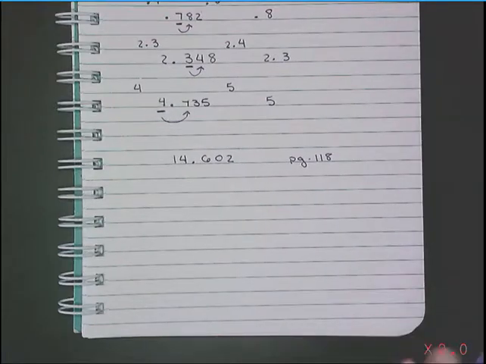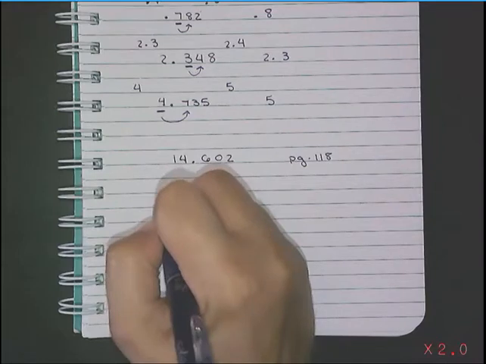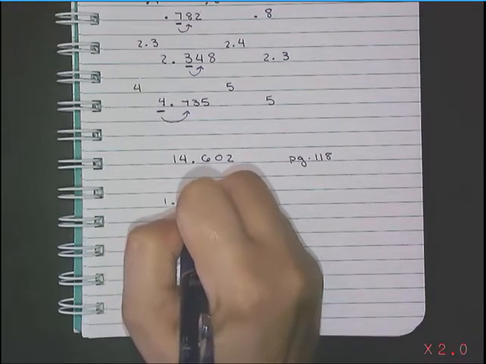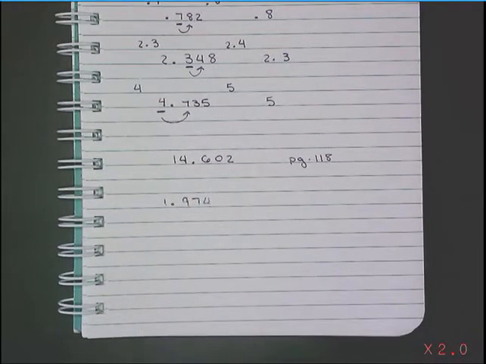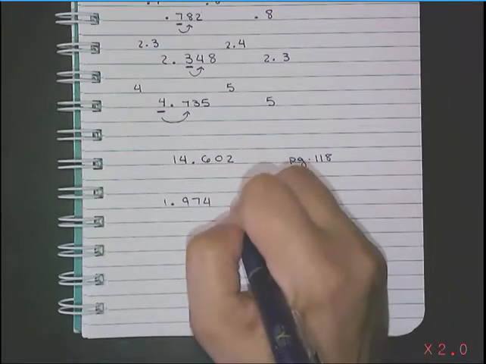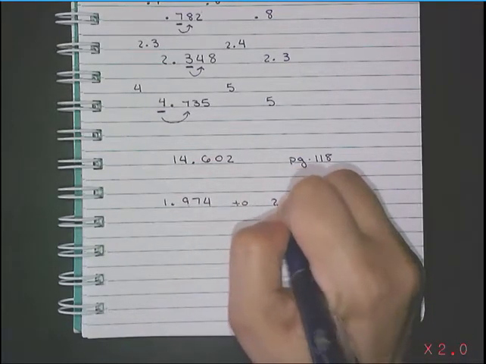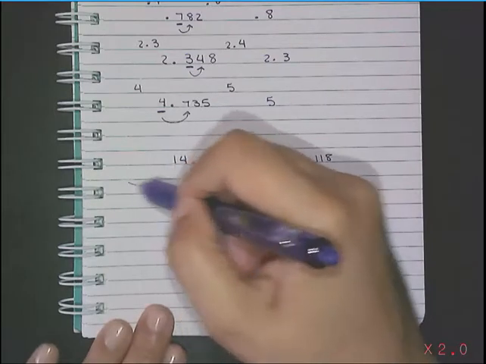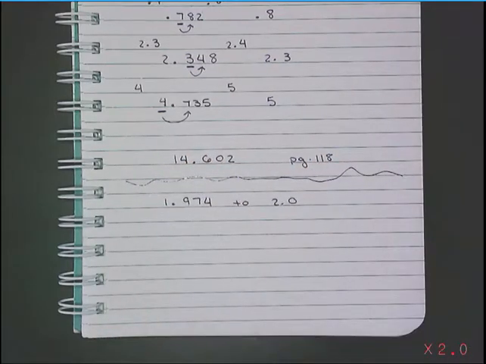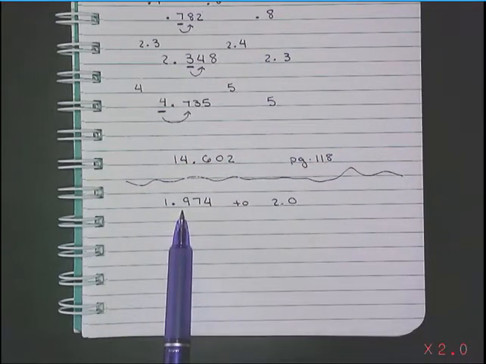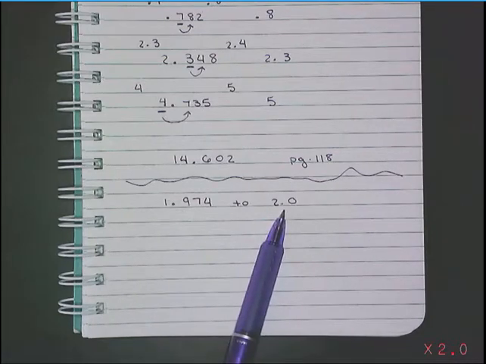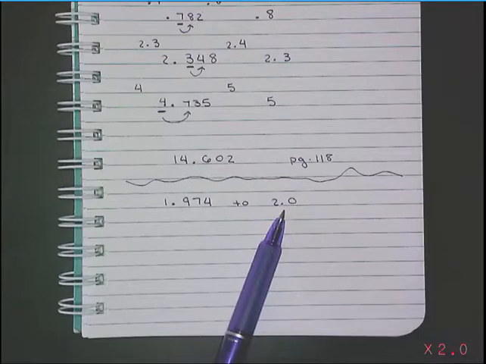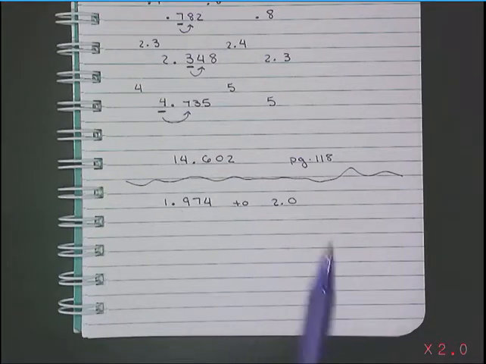In order to do that, let's take a look at 1.974, and it got rounded to 2.0. This was my original number, and this is the number it got rounded to. So I have to determine what place value they rounded to.